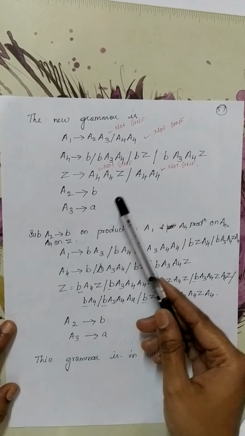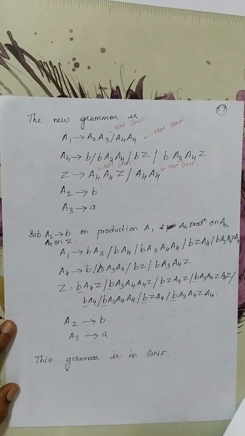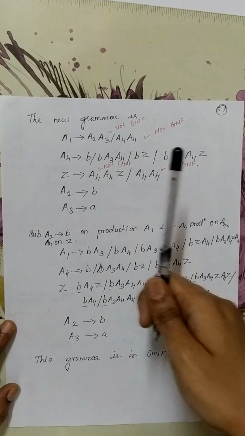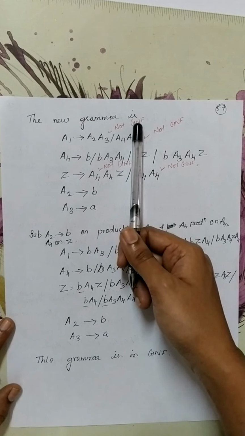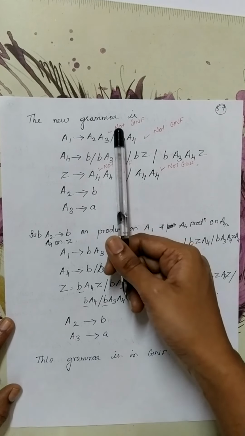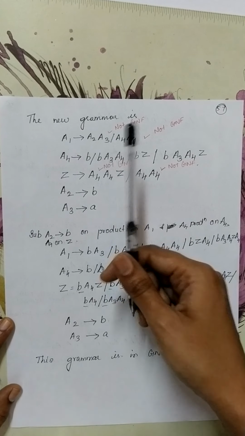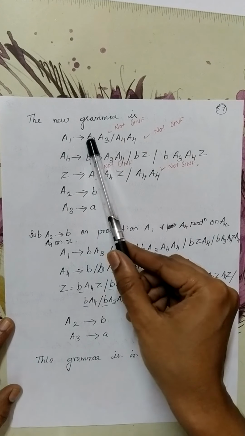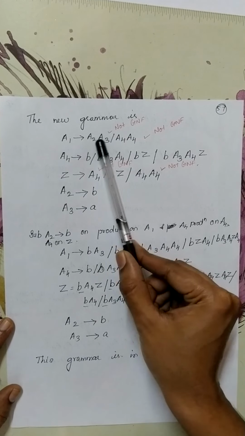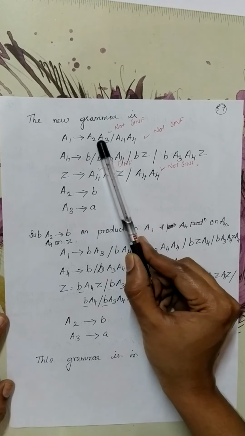Now we will check whether all the productions in the new grammar are in the form GNF, that is a single terminal or a terminal followed with variables. So we can check that. Here you can see this is not GNF because it is two variables.